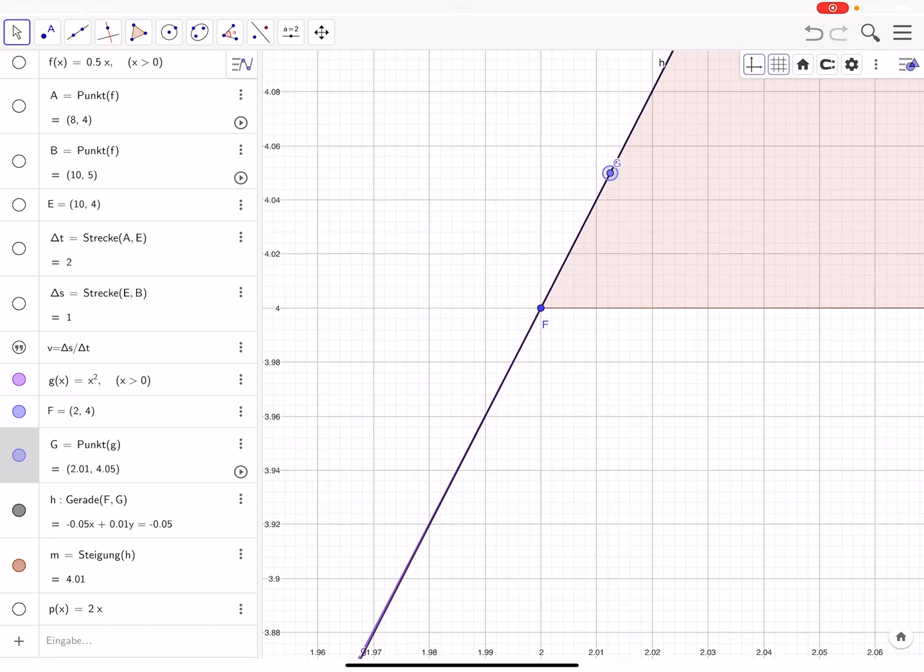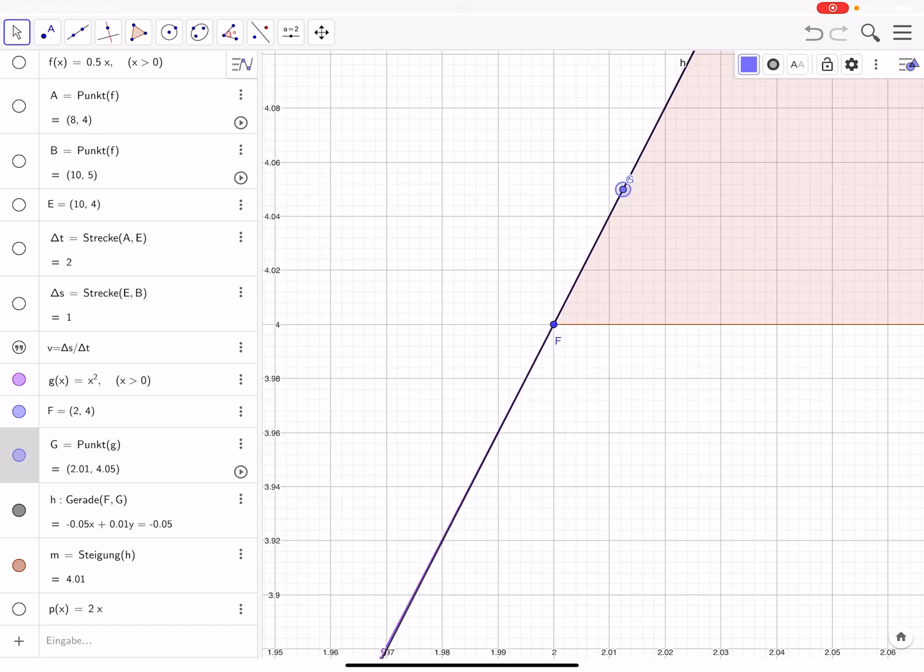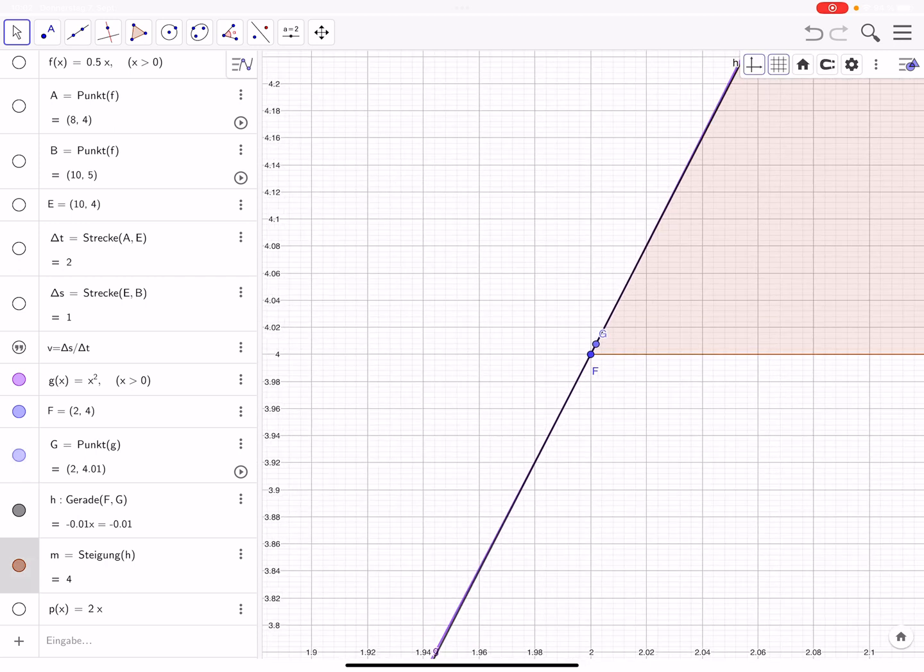So we can already see, without proving that, that the momentary speed at point F must be 4. So that means that the slope, and now we call it gradient, at this point is 4.